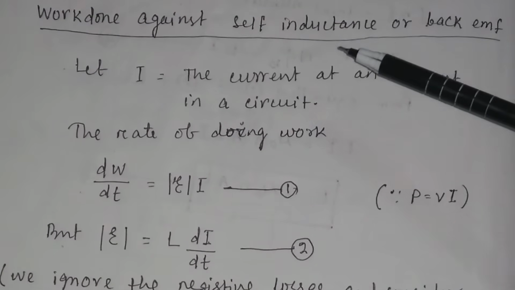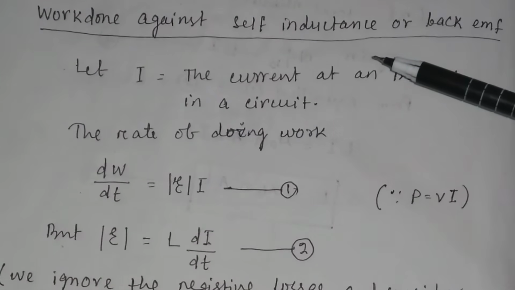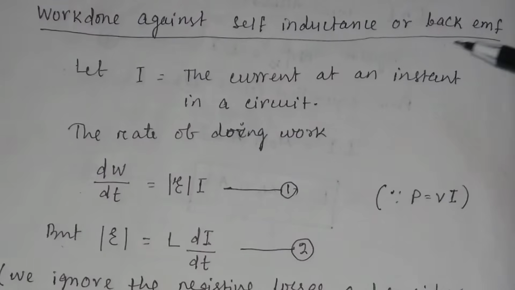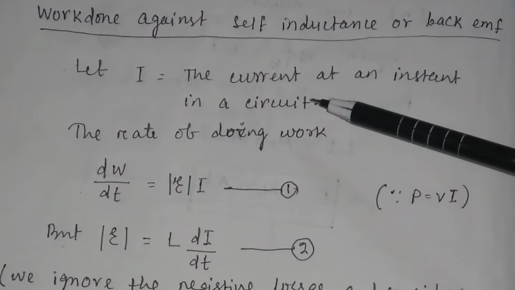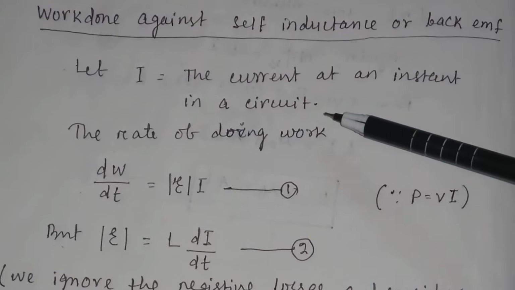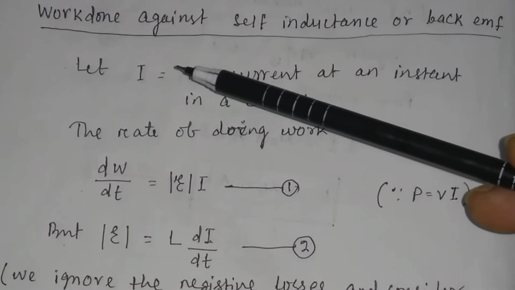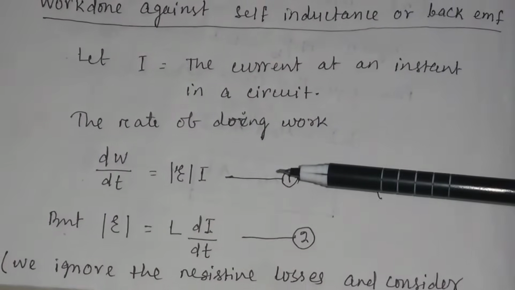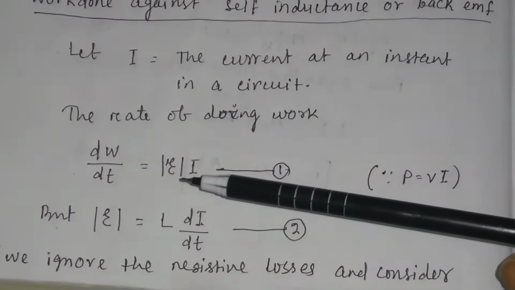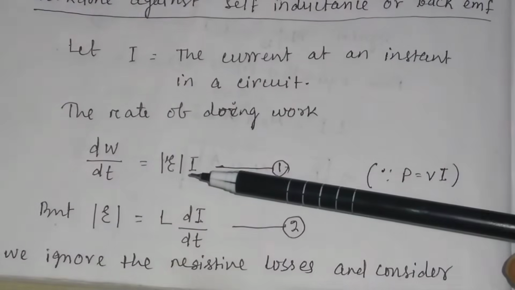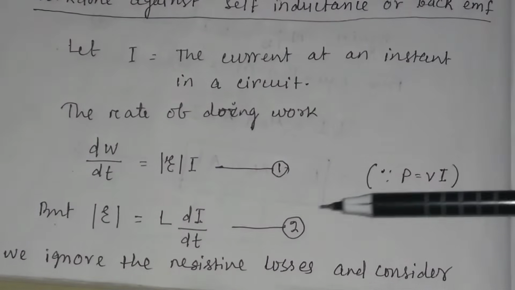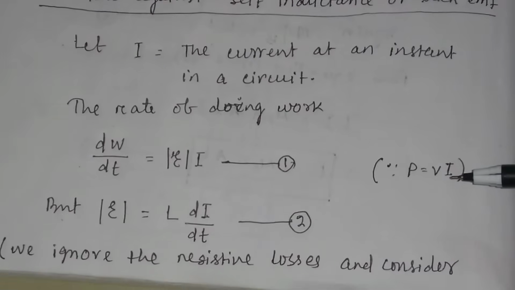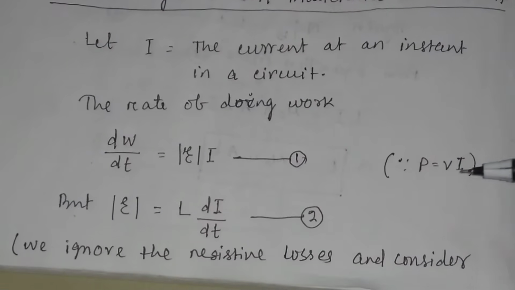Let us calculate the work done against self-inductance or back EMF. Suppose the current at an instant in a circuit is equal to I. The rate of doing work dW/dt is equal to the magnitude of the EMF times I, because power is the product of potential and current.